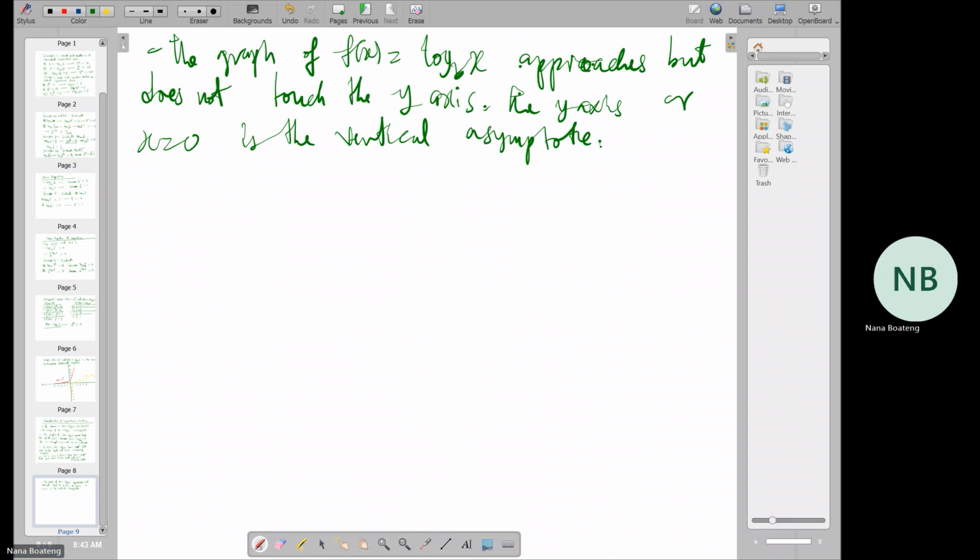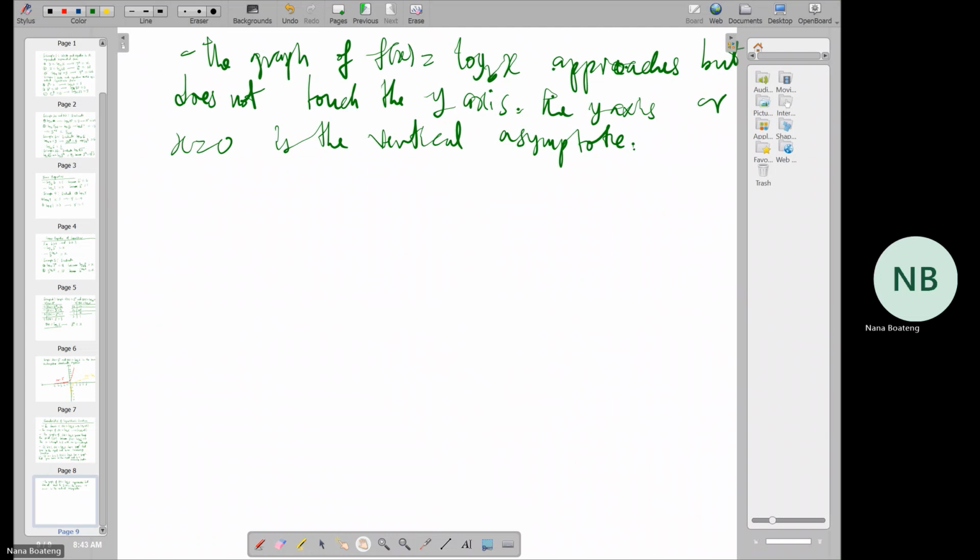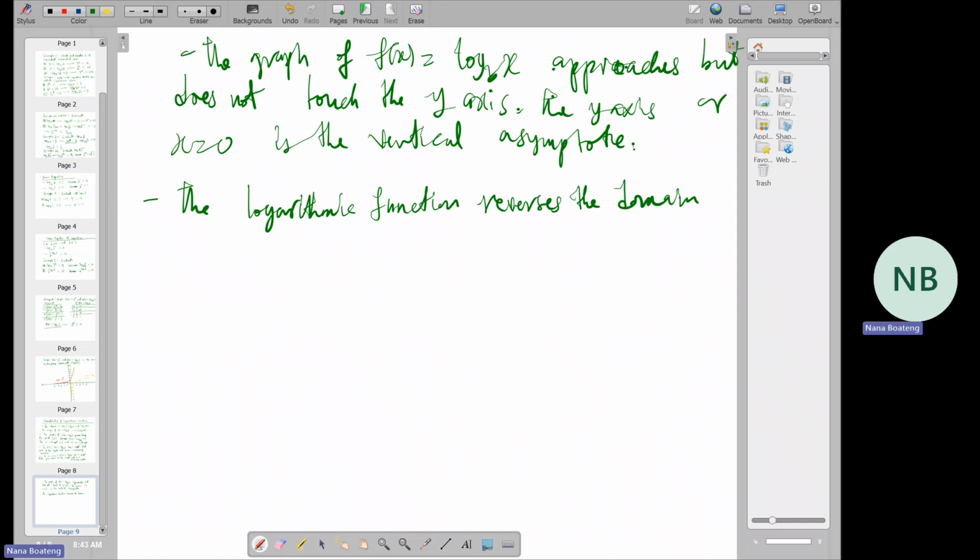Some additional ones: the logarithmic function reverses the domain and range of the exponential function.